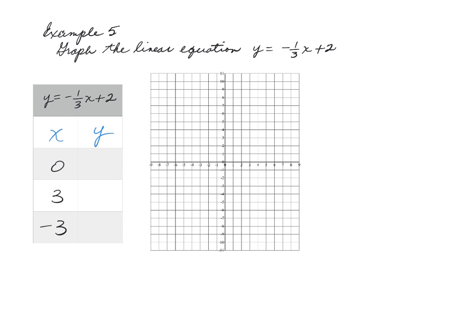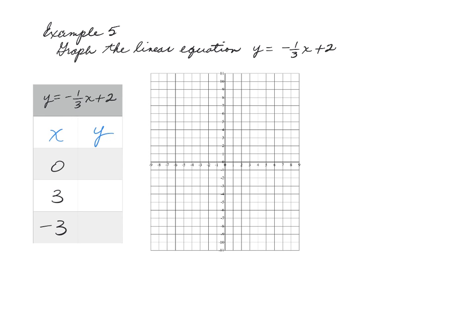I'm choosing that because I see that the denominator of that coefficient, 1/3, is a 3. So if we put a 3 or a multiple of 3 in for x, that's going to make solving for a particular point really easy.